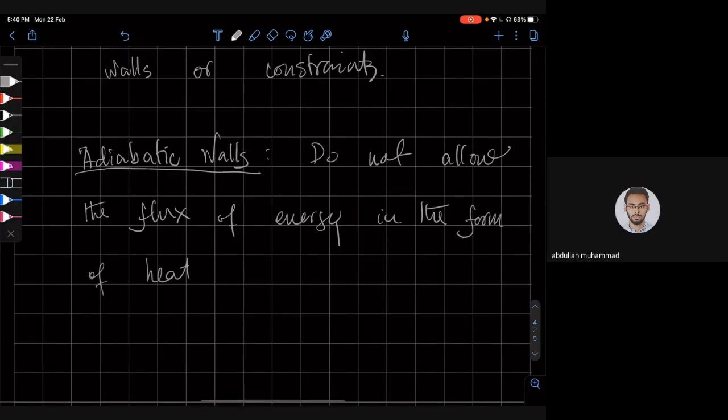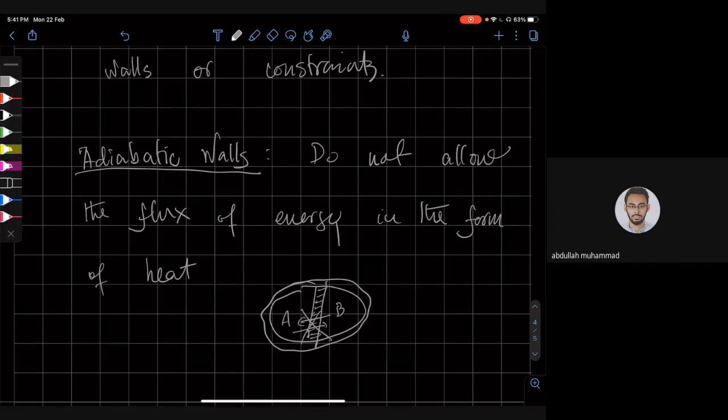So if you have two simple systems separated by an adiabatic wall, then no heat may pass between them.